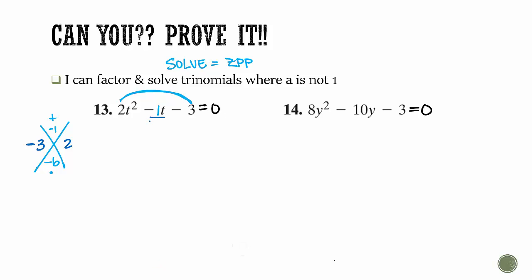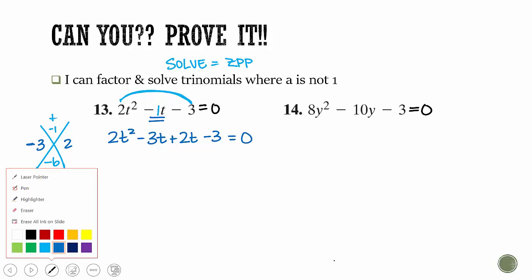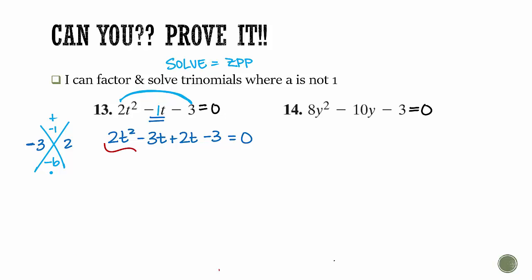So remember, these guys aren't our answers, they're just what we're going to use to separate this. So you have 2t squared minus 3t plus 2t minus 3, and it equals 0. And now once we have these 4 terms, we can group things up. So these guys just have a t in common, and I would be left with 2t minus 3.